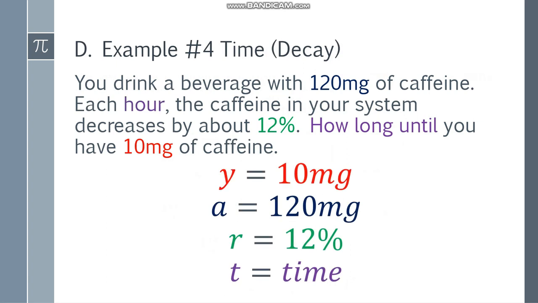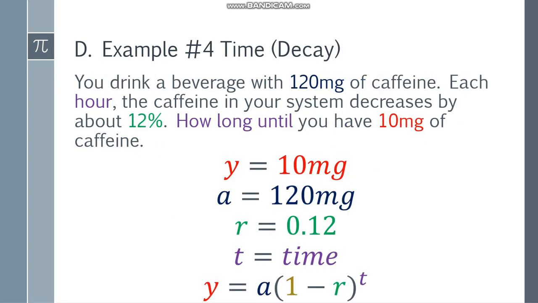Give me my given. Y is equal to 10 mg or milligrams. A is equal to 120 mg. Rate natin at 12% and T will be time. So, pag kinonvert ang 12% to decimal form, that will be 0.12. Give me yung formula. Ngayon, substitute mo yung mga values.